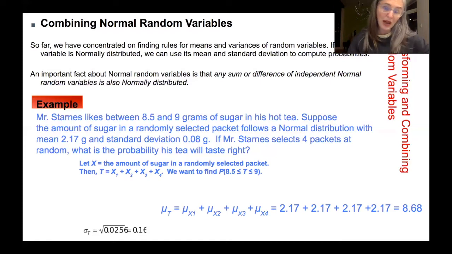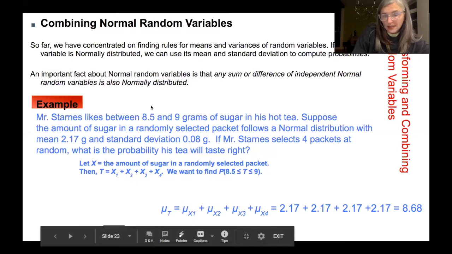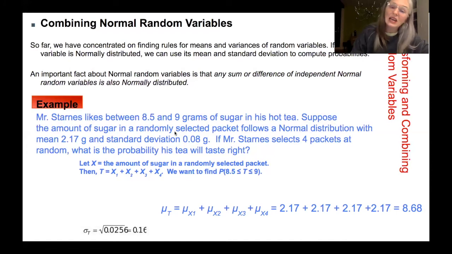So we would expect 4 packets of sugar to have about 8.68 grams of sugar, which is good, because that's what he wants. The problem is there's some variability in how much sugar is in each packet, because if all of them were 0.08 gram low, it wouldn't taste right, or if all of them were 0.08 gram high, it probably wouldn't taste right.